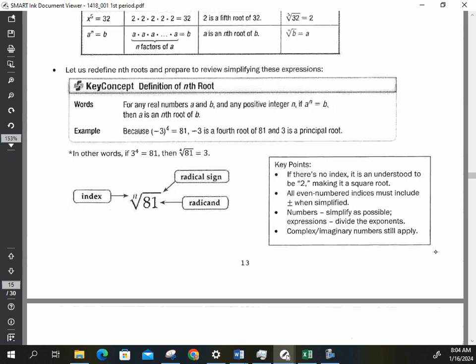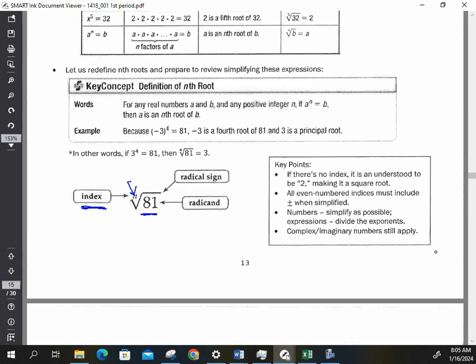The part where the number 2 was, that is known as the index. The index indicates what kind of root you have. The portion underneath the radical sign, that's the radicand. The radicand is what you're breaking down.